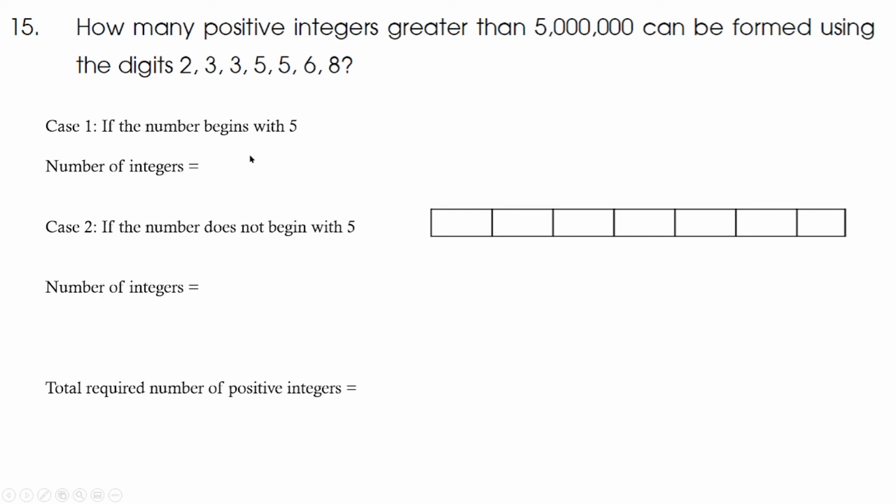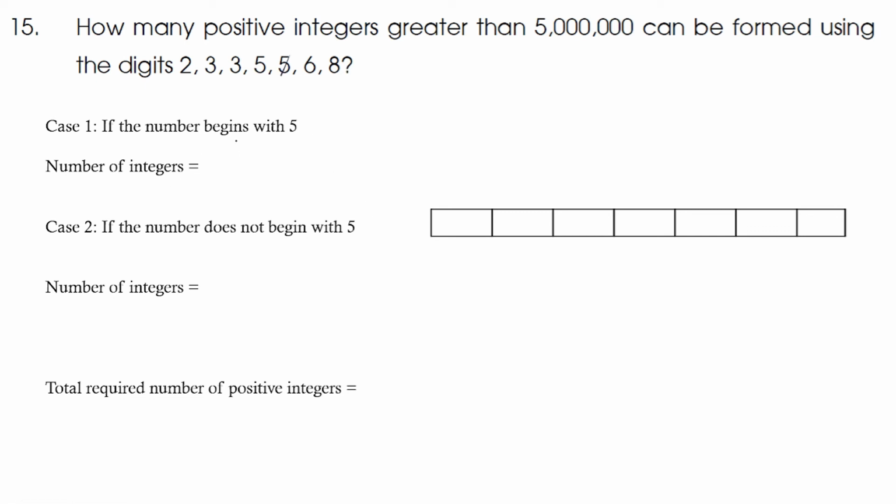So let us take the first case. If the number begins with 5, here we have 5 and the remaining 6 places to fill. Here we have 6 places and we have 6 digits: 2, 3, 3, 5, 6 and 8. We don't have the first 5.